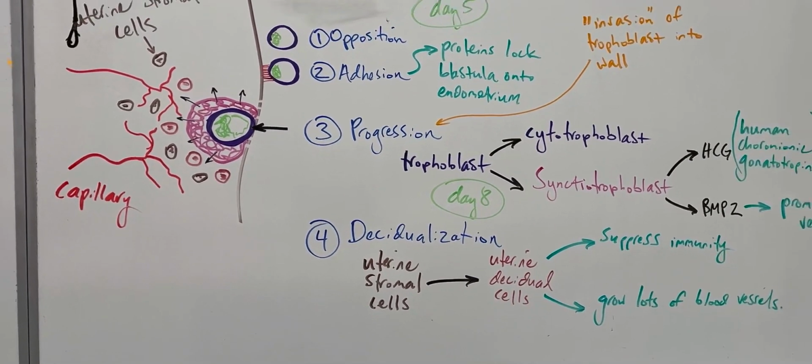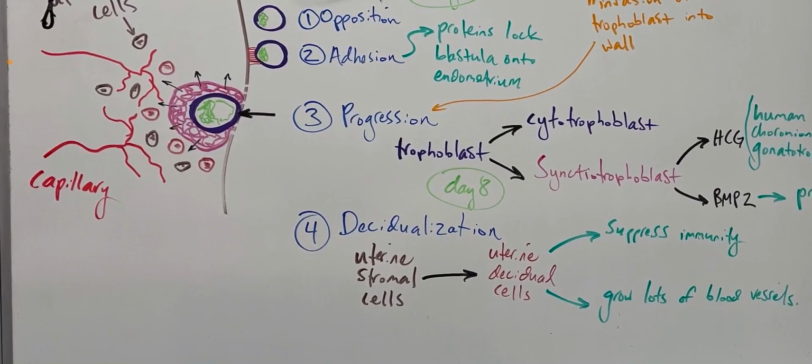These uterine decidual cells have some really important jobs. First, they suppress the immune system of the mom. This is important because the embryo is a foreign body. Its cells contain cellular markers that are not the same as the cells of the mom, and the mother's immune system will attack the developing embryo if her immune system isn't suppressed.